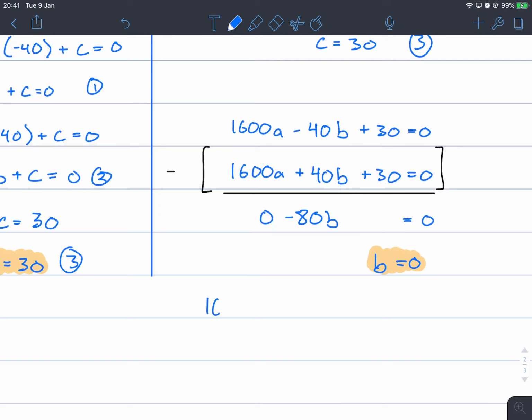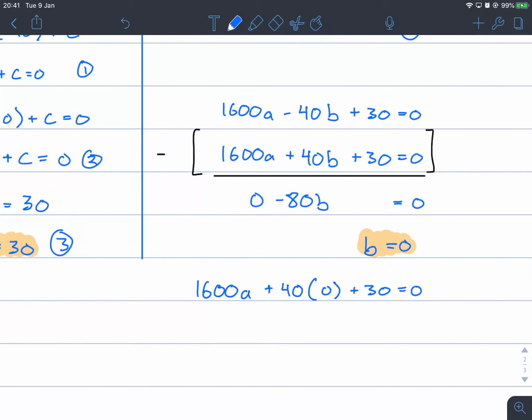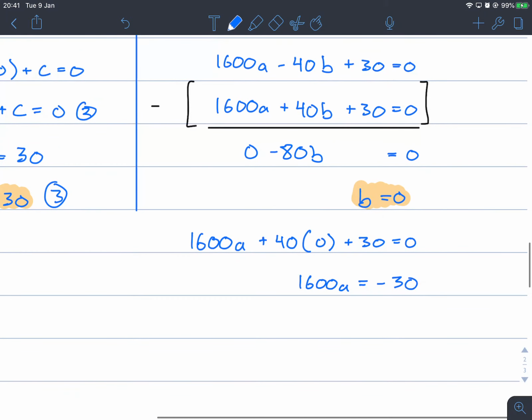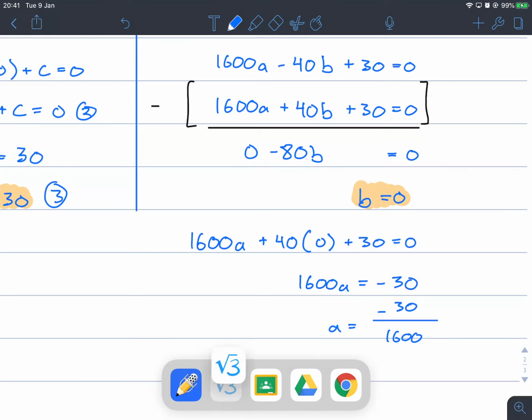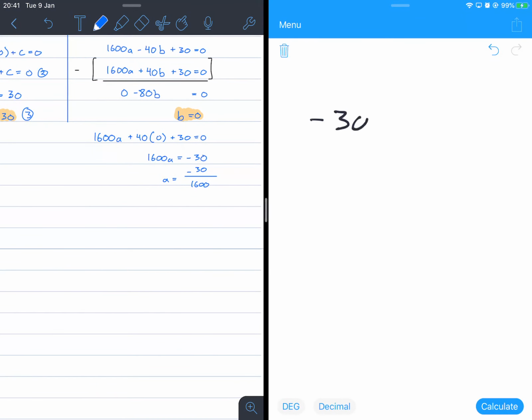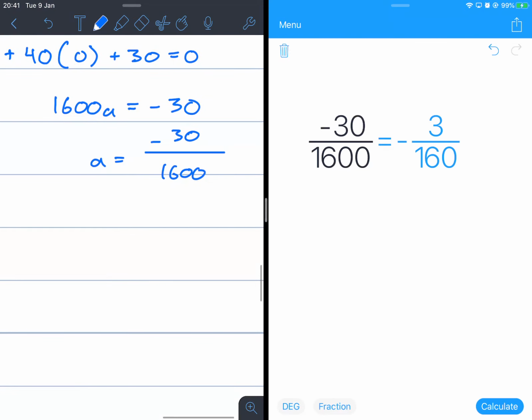This will give us 1600a plus 40 times 0 plus 30 equal to 0. This gives us 1600a equals negative 30 and a equals negative 30 over 1600. Let's see if this can simplify for us. Negative 3 over 160.